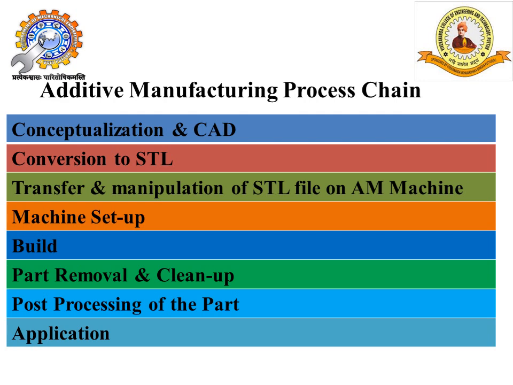We need to set up the machine, then start building using the material, then remove the part and clean up. If required, post processing of the part is essential, then the part can be directly used in application. This is what we mean by the additive manufacturing process chain.